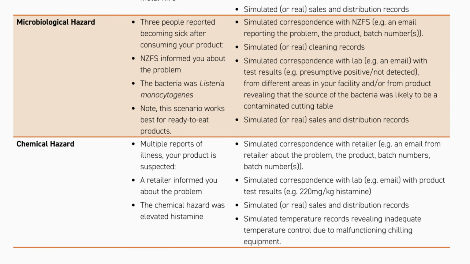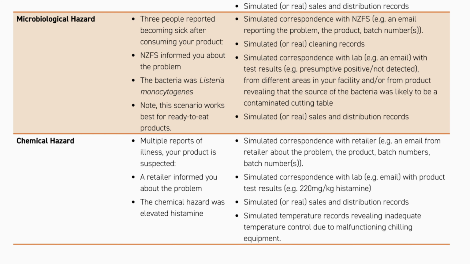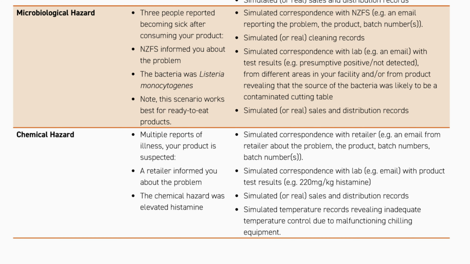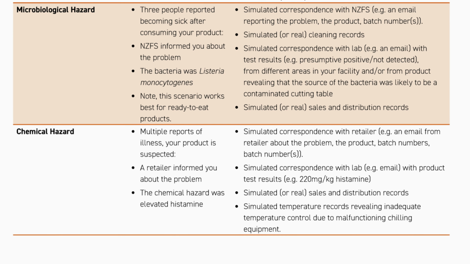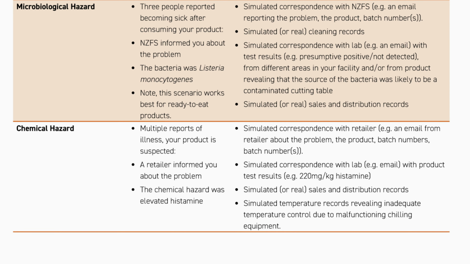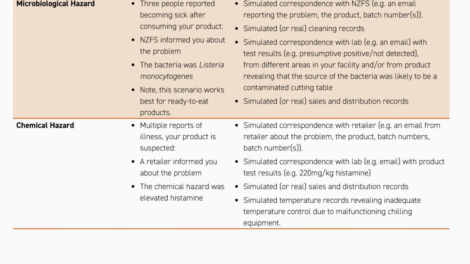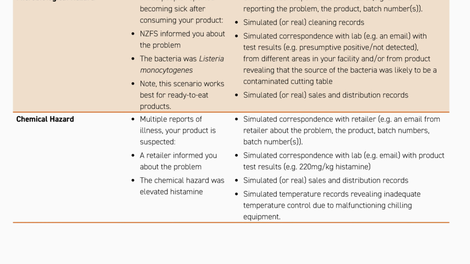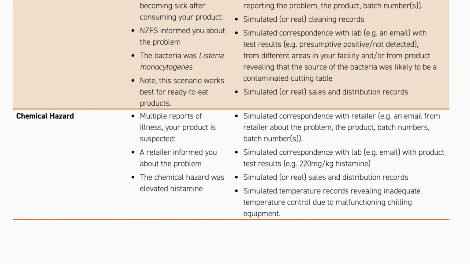Simulated correspondence with lab such as an email with product test results, for example, 220 mg per kilogram histamine. Simulated or real sales and distribution records. Simulated temperature records revealing inadequate temperature control due to malfunctioning chilling equipment.